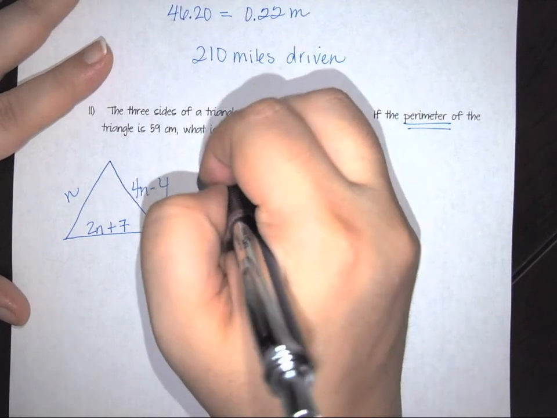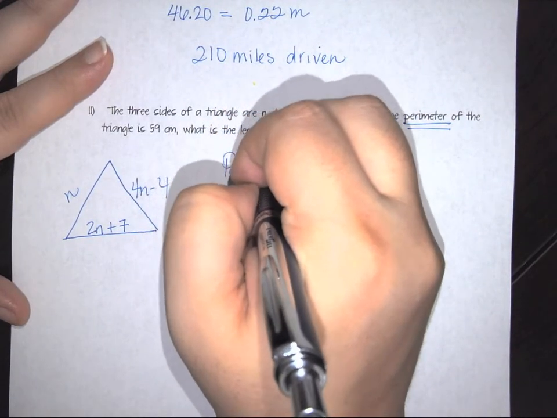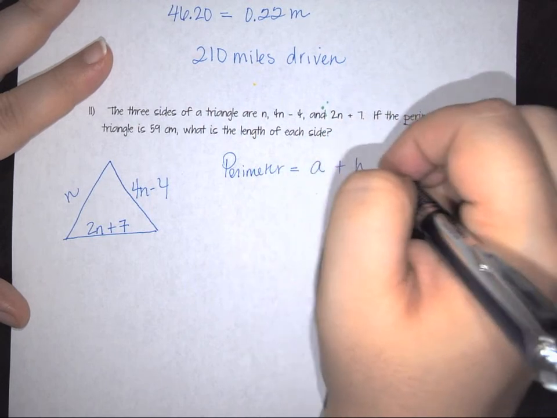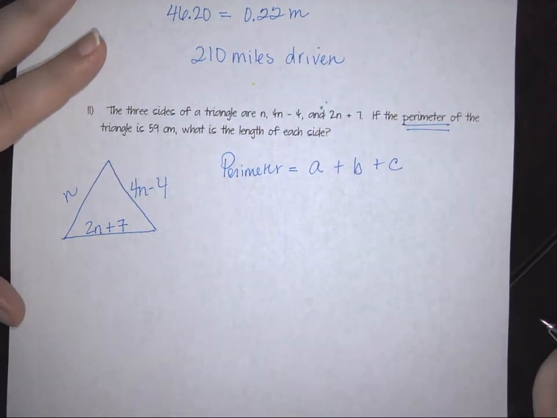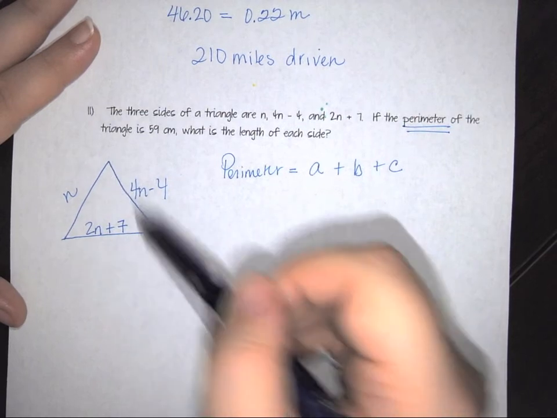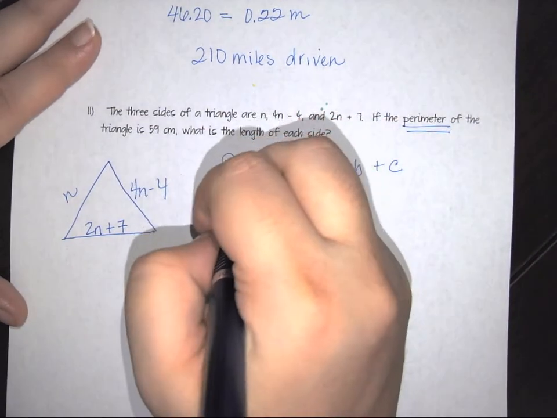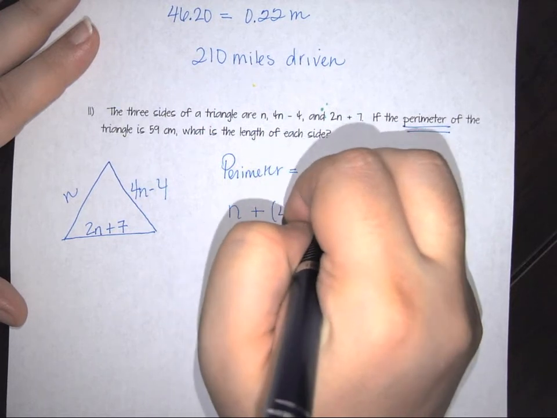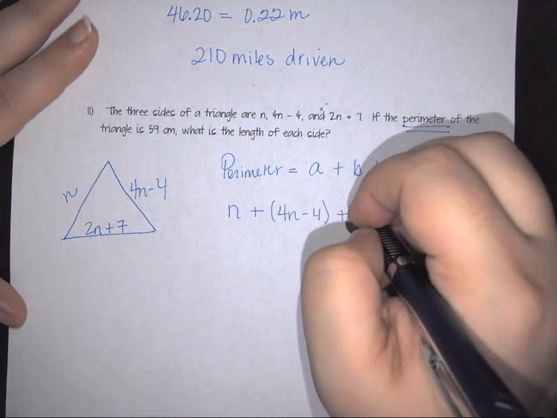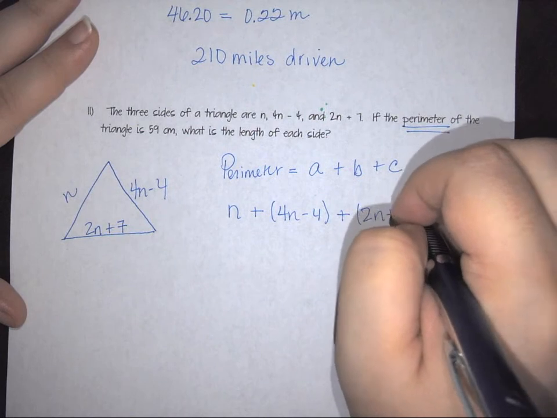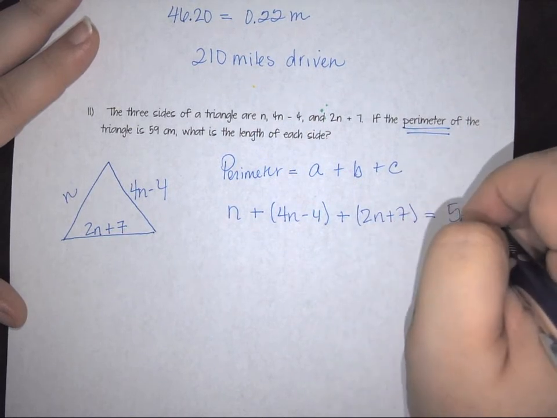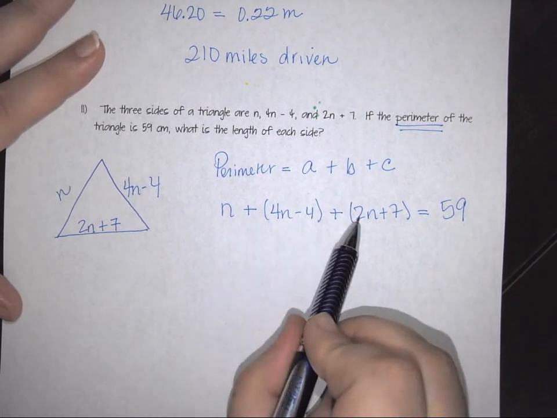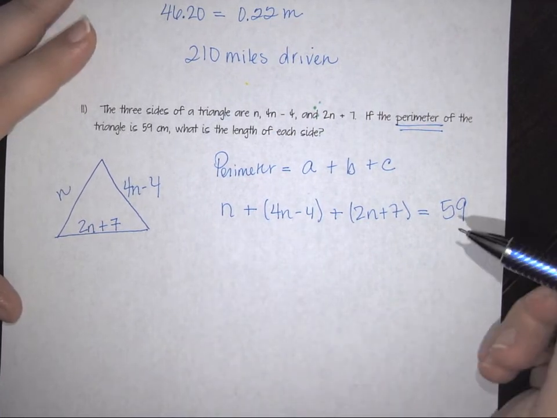So first of all, my perimeter is found by the formula a plus b plus c. So that's adding up all the sides. So here I have n plus 4n minus 4 plus 2n plus 7 equals 59. Solve for n.